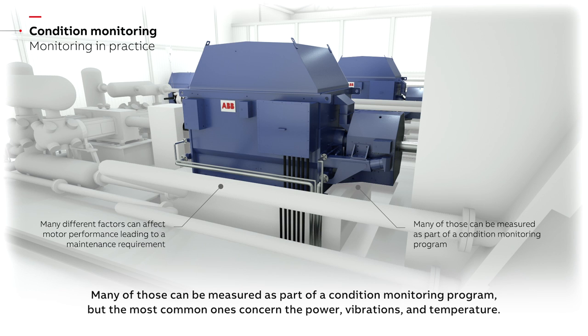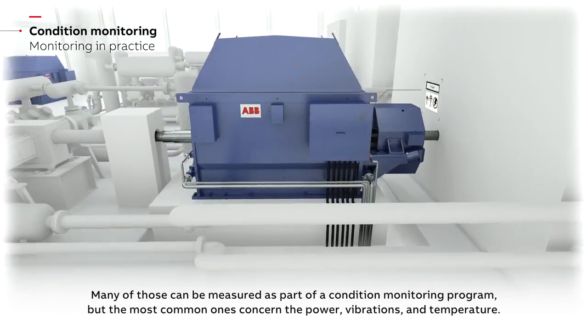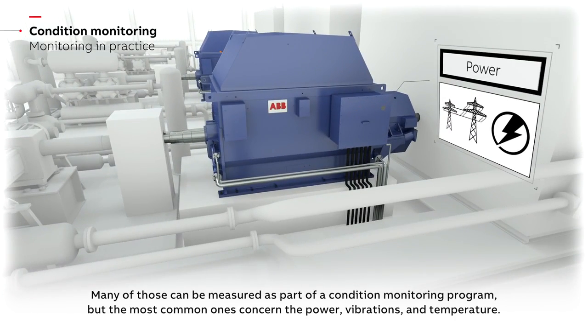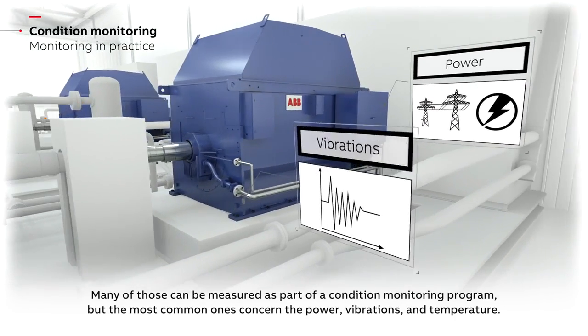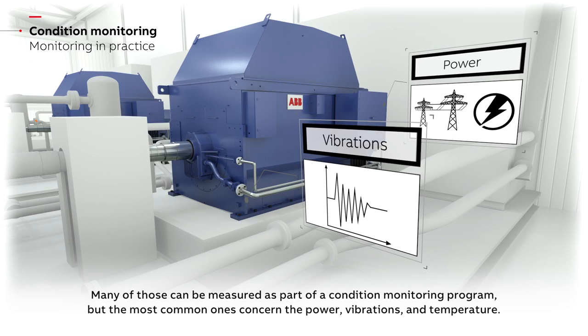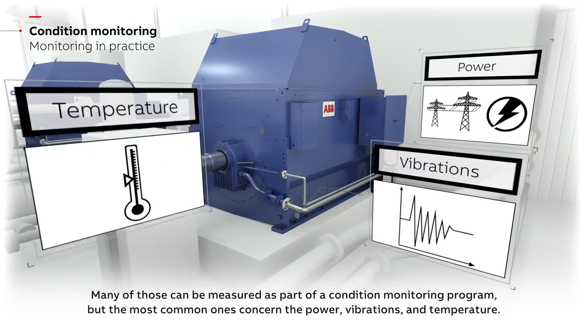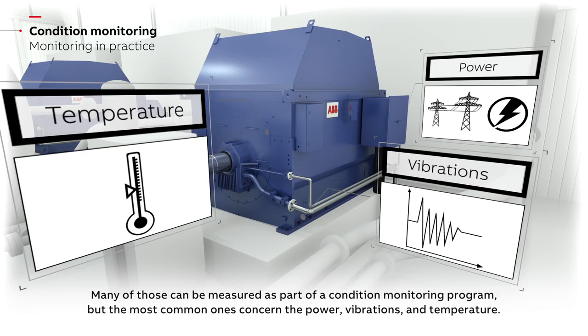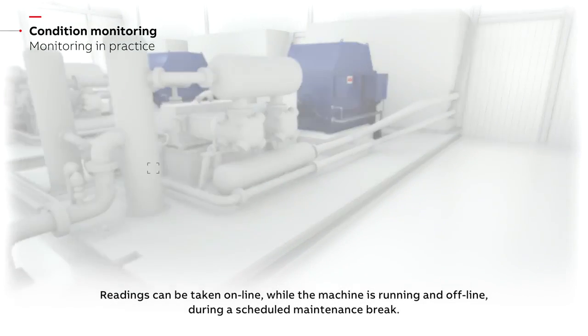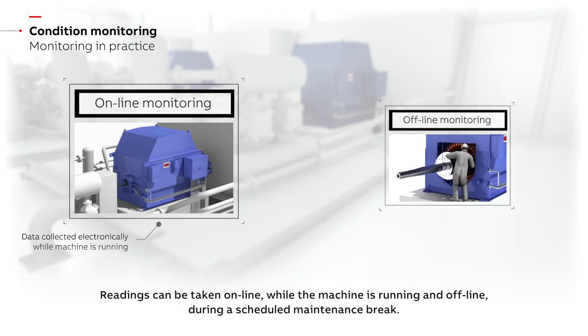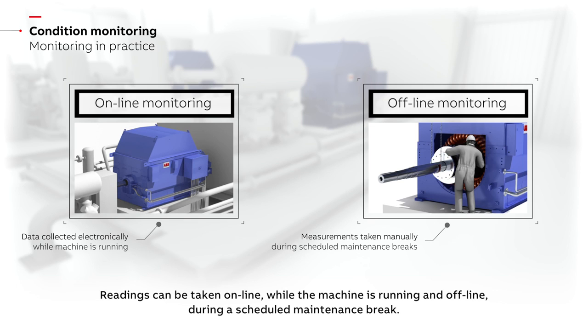Many of those can be measured as part of a condition monitoring program, but the most common ones concern the power, vibrations, and temperature. Readings can be taken online while the machine is running and offline during a scheduled maintenance break.